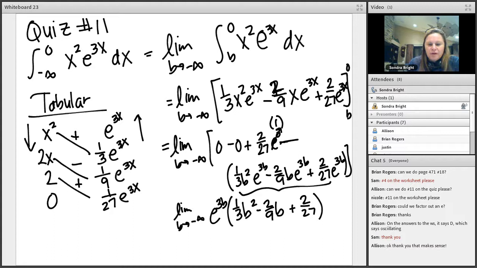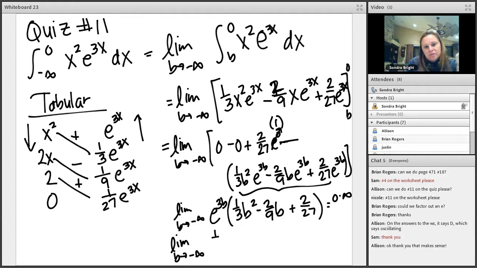And so what you want to do, this is a 0 times infinity, because e to the negative 3 infinity will be a 0, but then the rest of this would be infinity. So I'm going to rewrite it. Before I can use L'Hopital's rule, I need to rewrite it so that it's a fraction over a fraction.